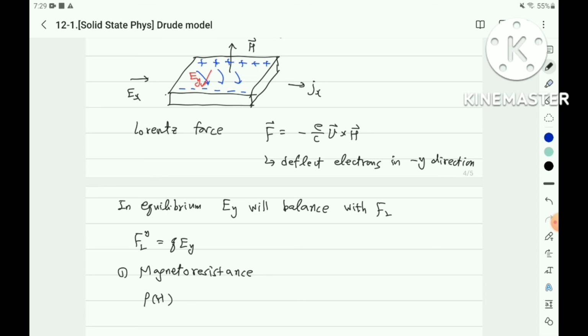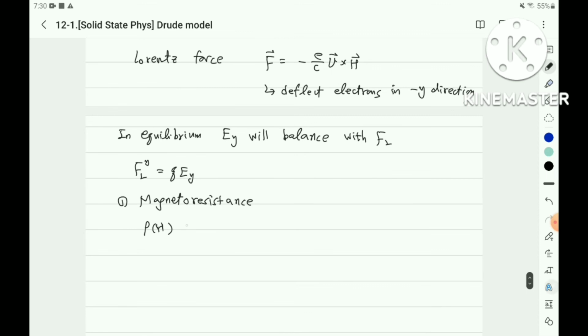But when you apply the magnetic field along the z direction, because of the electron deflection, the number of electrons along the applied electric field direction decreases. Therefore, there may be differences in the current density along the x direction. Therefore, the magnetoresistance can be defined by that.